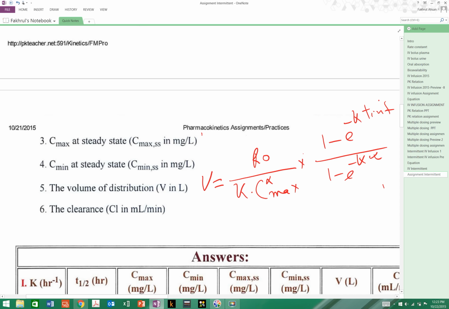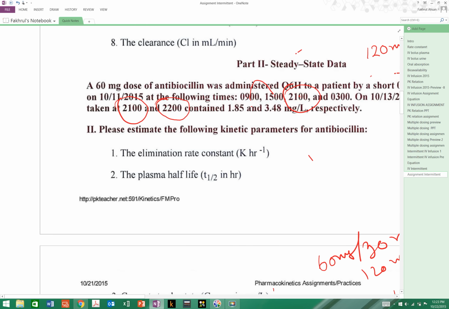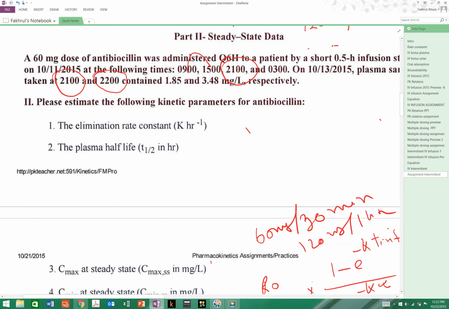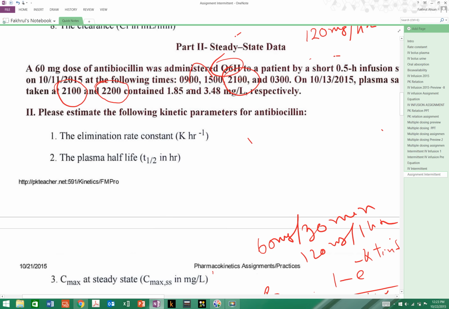So you have to calculate R0. R0 in our case says 60 milligram per 30 minutes. In this case you have to convert to 120 milligram per hour. And tau, go back, tau is 6 hours, Q6H.